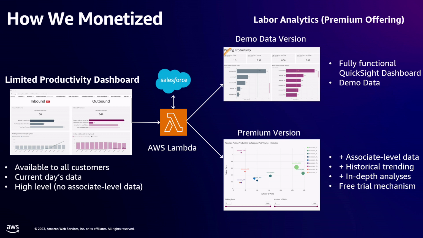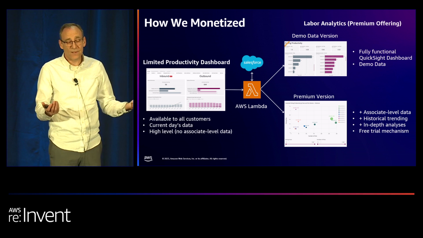And so we were thinking about, well, how are we going to implement this product-led growth pathway? And I thought, well, why don't we just use QuickSight to do that? And so that's exactly what we did. So all of our customers have this premium menu option for labor analytics. When they click it, we built some business logic to basically check with Salesforce and say, are they a subscriber?